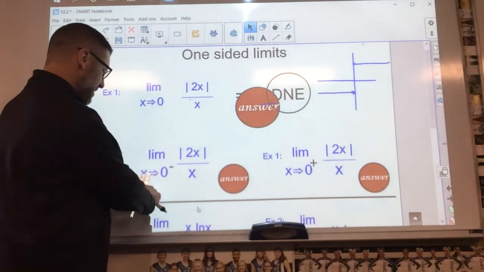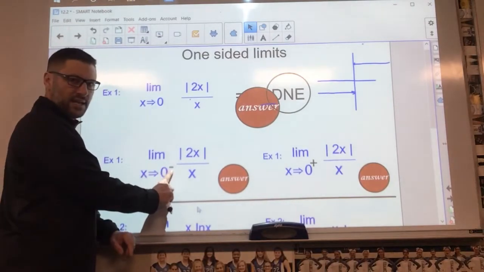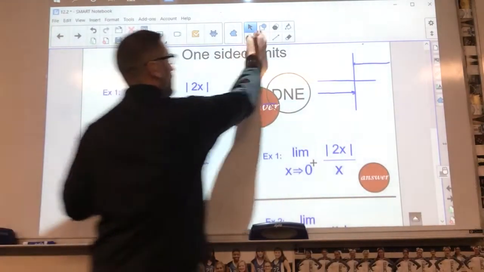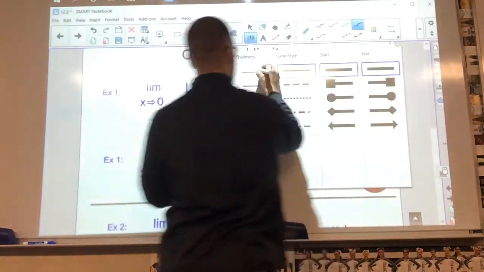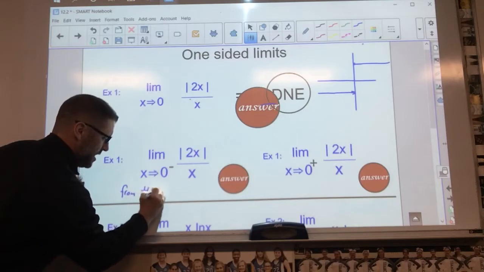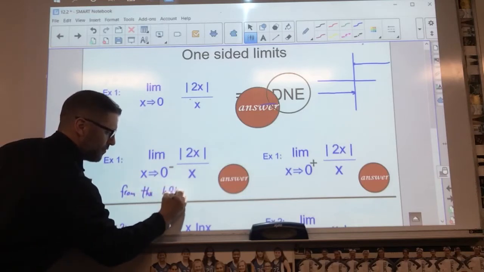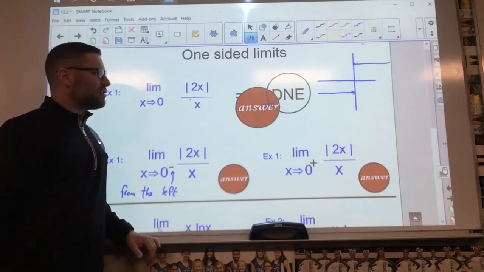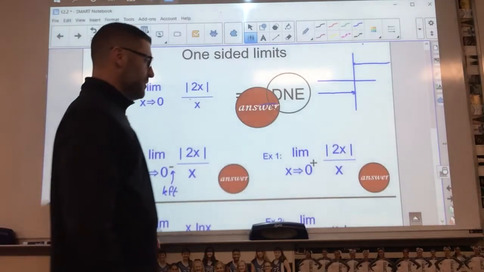So here we go. The limit as x approaches 0 from the negative side. That little negative means from the left. So what happens from the left? Get closer and closer to 0 from the left side.